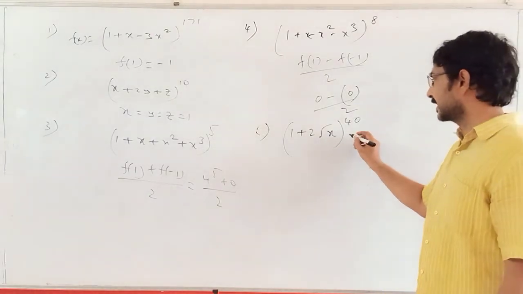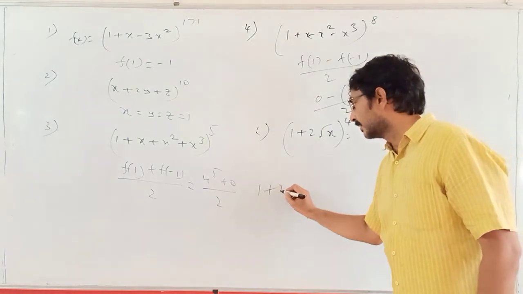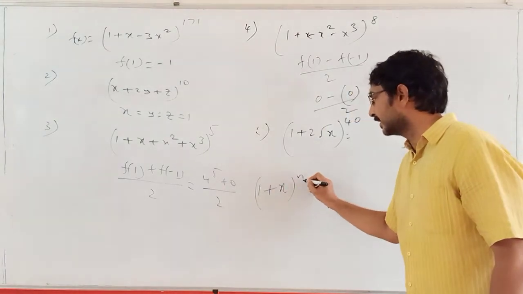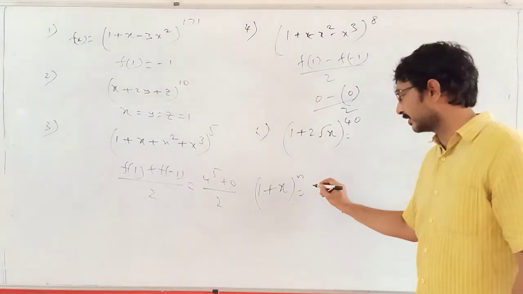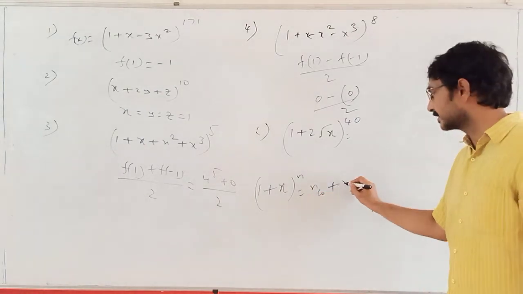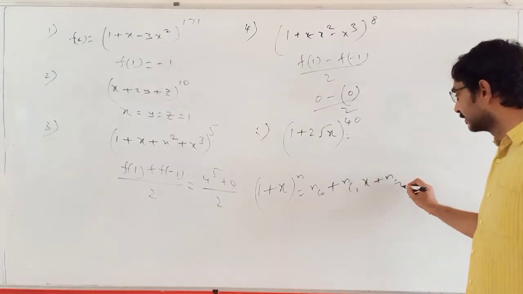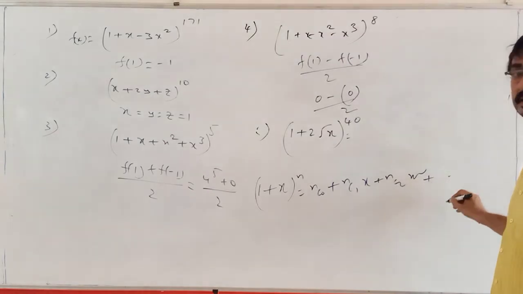First I am writing the ordinary expansion of this one. All of you know the formula for the expansion of (1 + x)^n: nC0, which means 1, plus nC1 into x plus nC2 into x squared and so on.